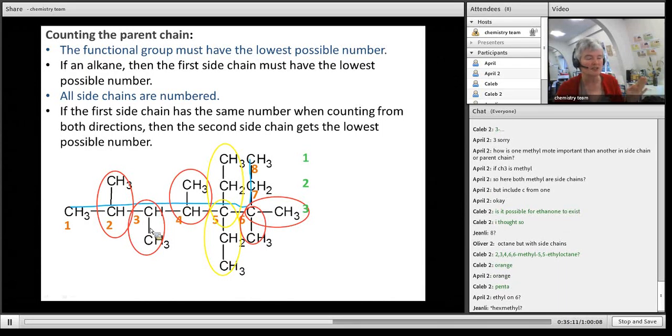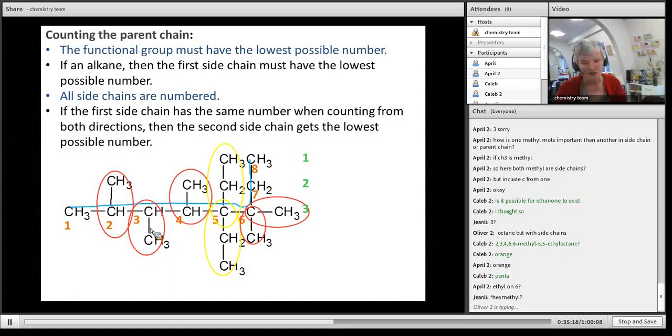Remember, say the meth, prop is how many carbons. You have to use di, tri, tetra, penta, hexa for the number of side chains or the number of functional groups. So I've got 5 methyl, so it's pentamethyl, and I've got 2 ethyl, so it's diethyl. And I have to put every single number in, as Caleb did there.